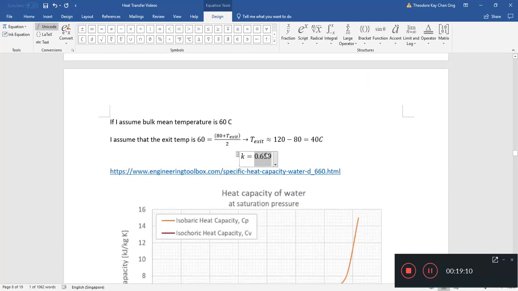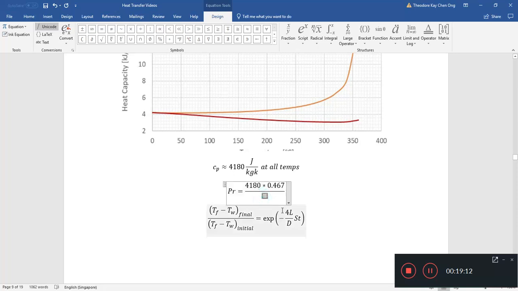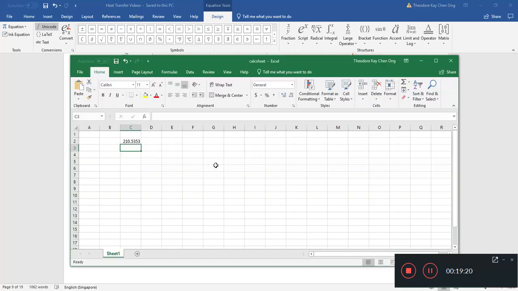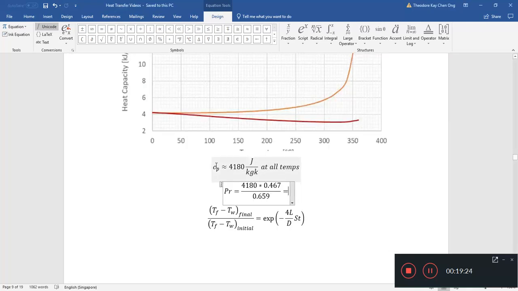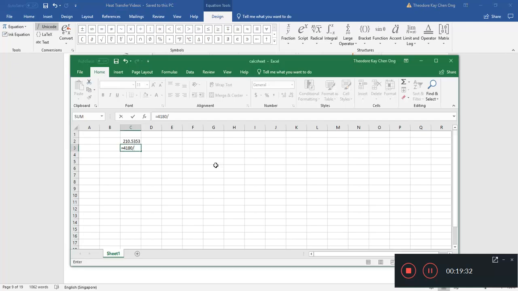So the SI units should be 0.659. Okay. Joules per kg per Kelvin. Okay. Looks a bit fishy, but okay, let's try.